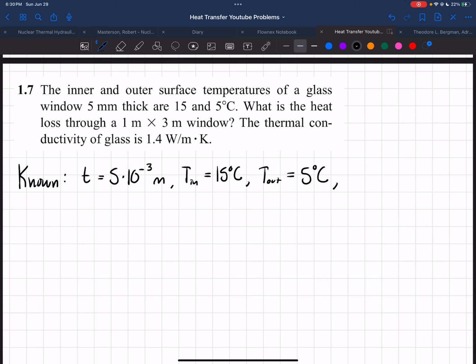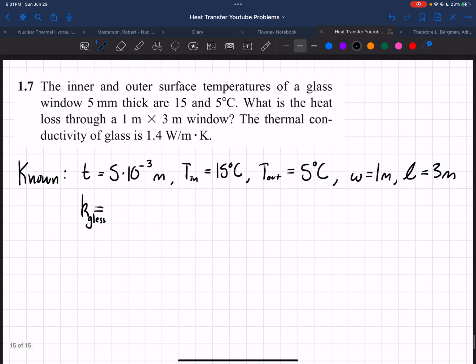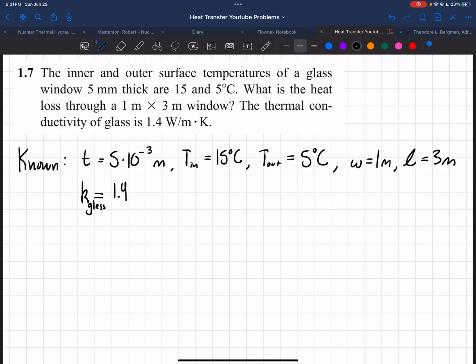And we'll call W for width 1 meter, and the length is 3 meters for the window. We also know that the K of glass is 1.4 watts per meter Kelvin.